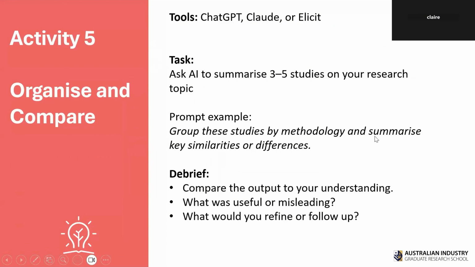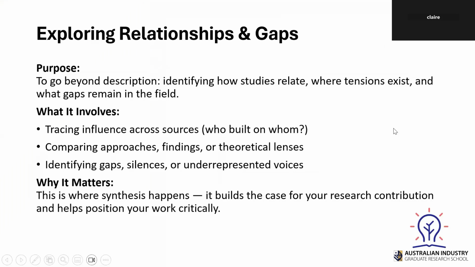So again, it's when we have a number of different papers we want to summarize, but also it will bring up other related literature that we can access. Okay, so when we're talking about exploring relationships and gaps in our literature, we're obviously wanting to go beyond description, identifying how studies relate to each other, where the tensions are, and what gaps remain in the field.